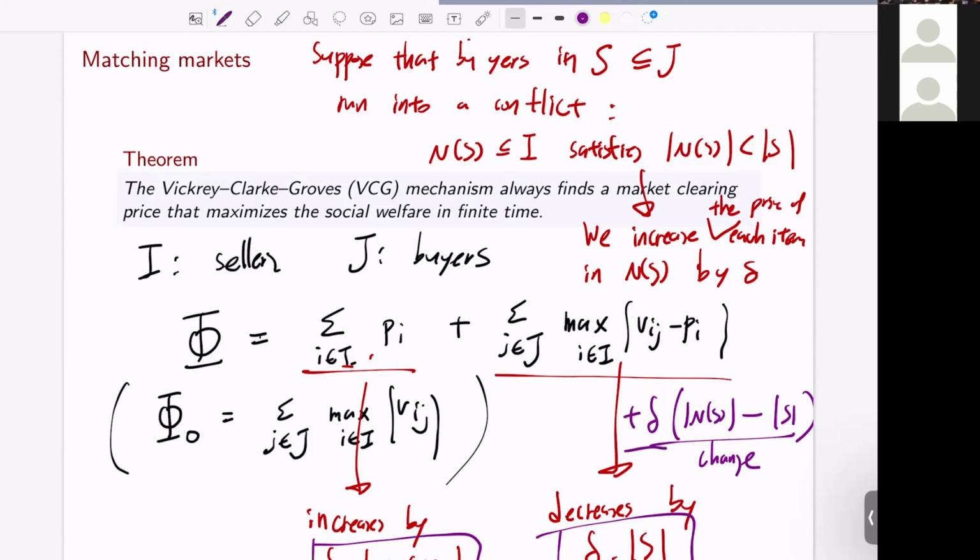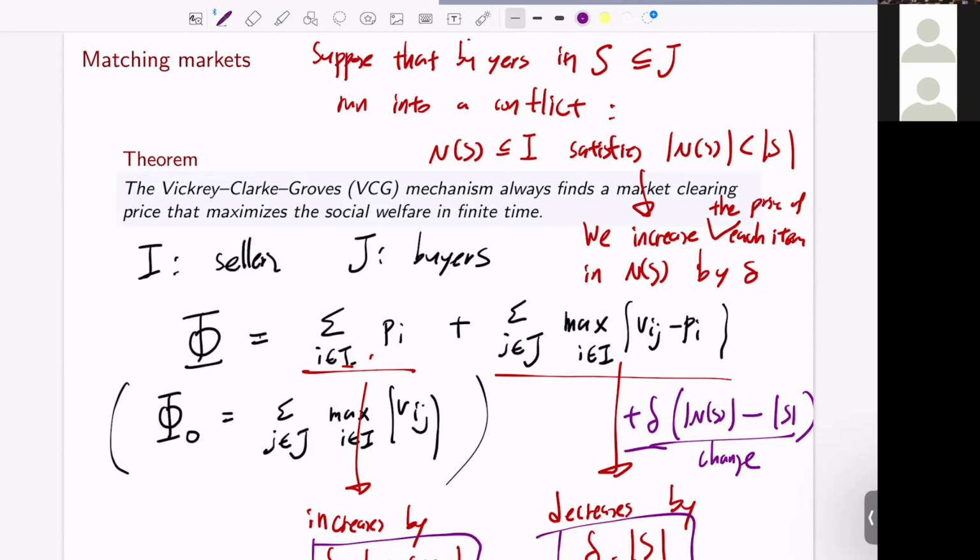And we know that the number of buyers is larger than the number of items in the neighbor.